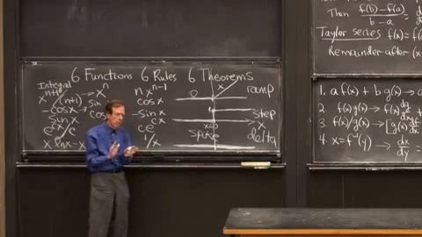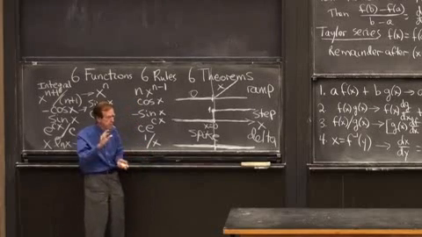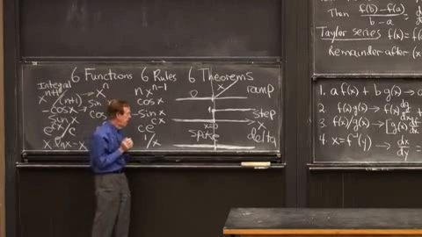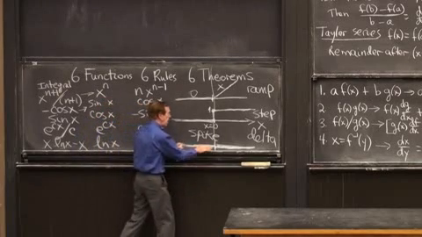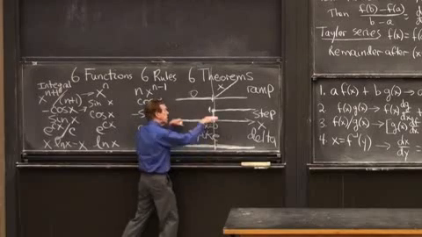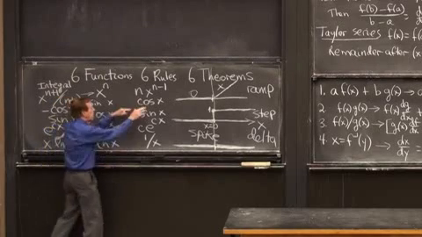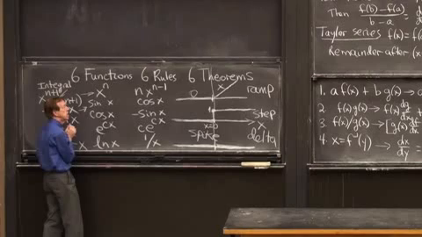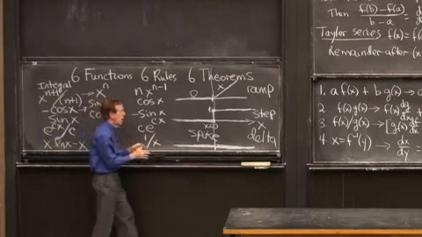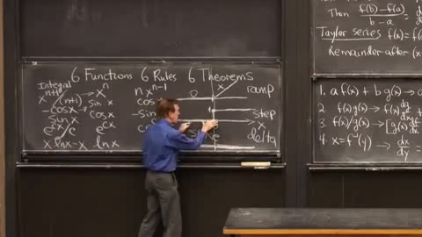Because do you remember, and we'll do more areas if we get to integral calculus, the area under the cosine function is sine x. The area under this function should be this one.